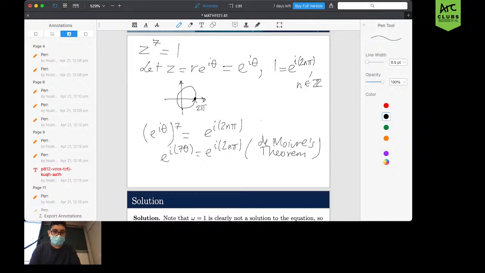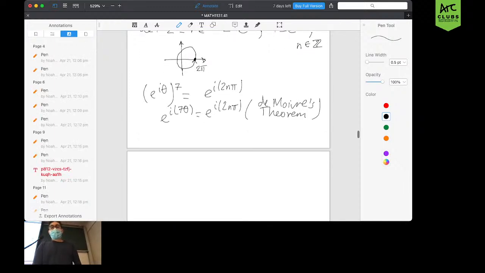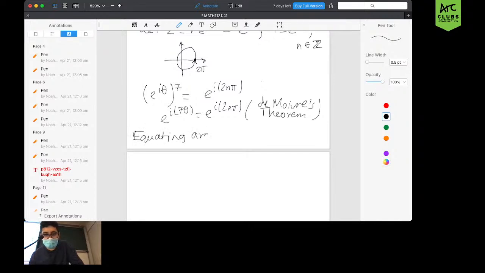Okay. So blank page. So obviously the moduli are equal. So now all we're left with to do is equate the arguments. So equating arguments, we have 7 theta is equal to 2n pi.